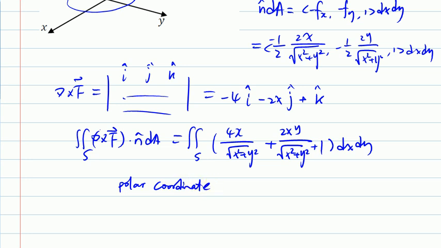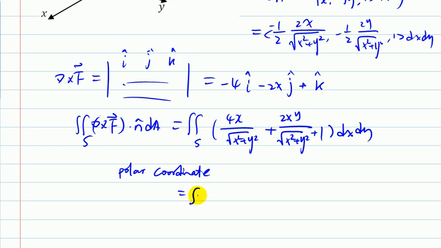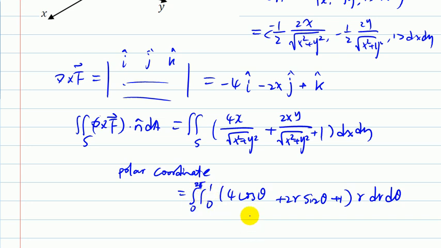If you use polar coordinates, you end up with a double integral, and the inside is 4 cosine theta, 2r sine 2 theta plus 1, and r dr d theta. Make sure you get this stage. The range for r and theta is determined by the shadow. It's 0 to 2 pi, and 0 to 1, and it's very straightforward. You calculate that, and you get 4 pi.